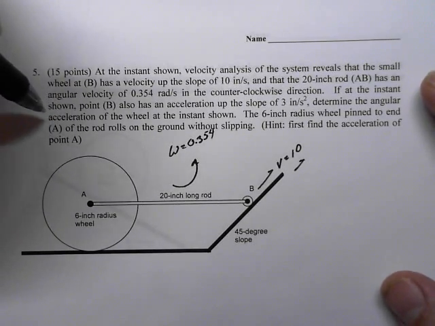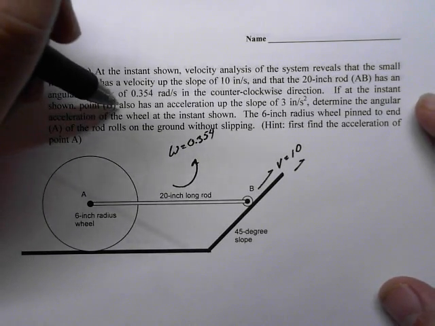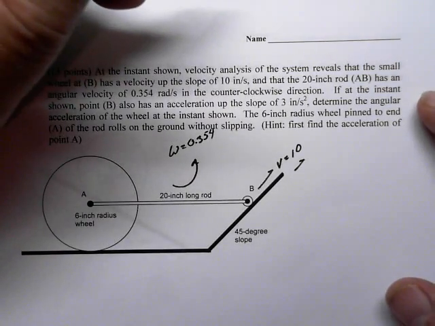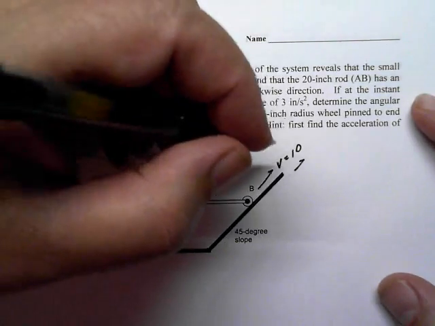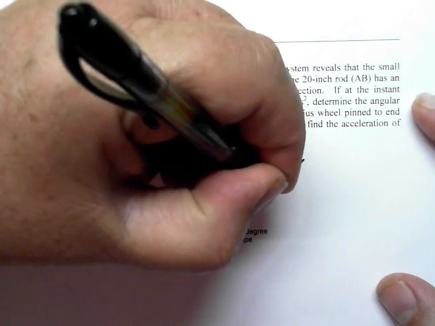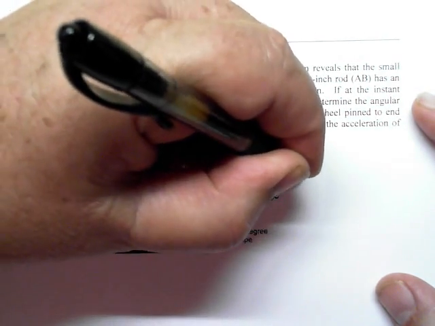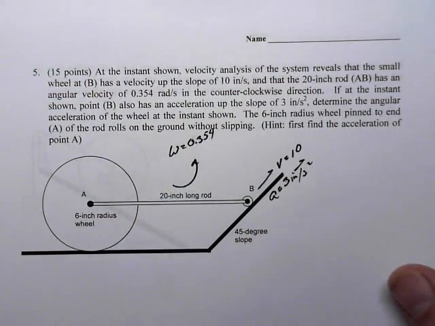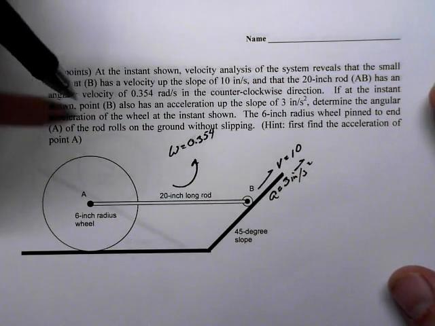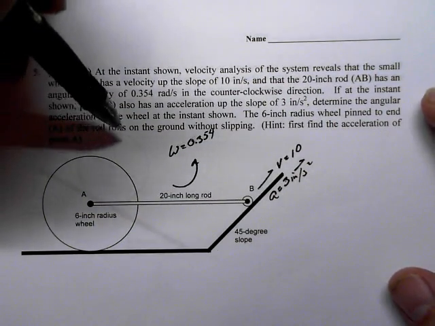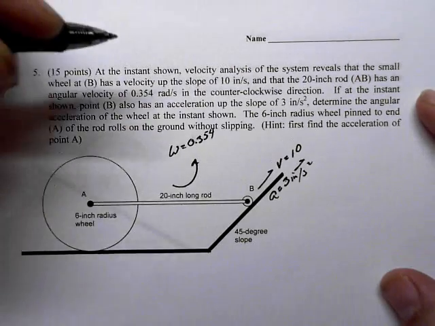Okay, if at the instant shown point B also has an acceleration up the slope of 3 inches per second squared. So A equals 3 inches per second squared. Determine the angular acceleration of the wheel.